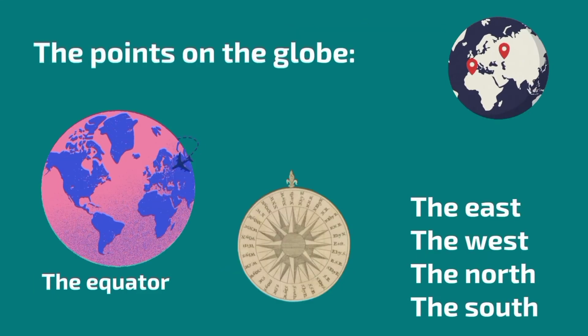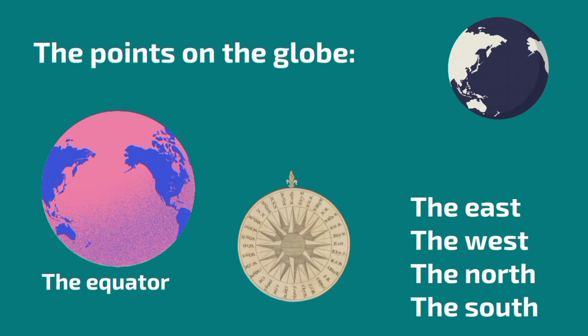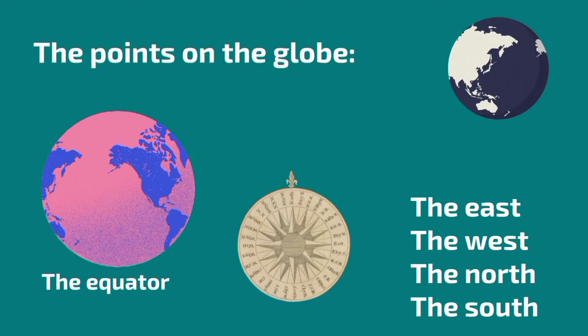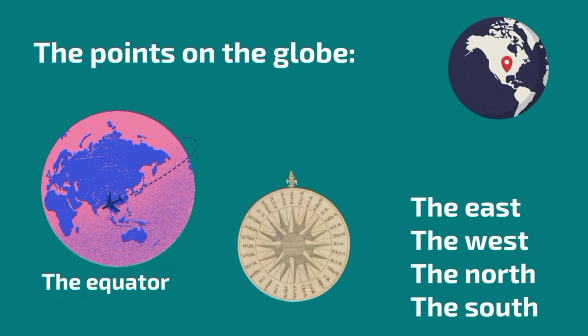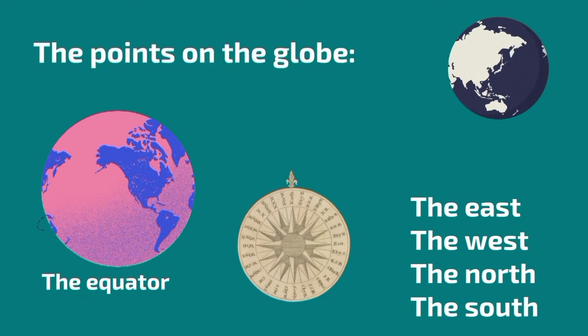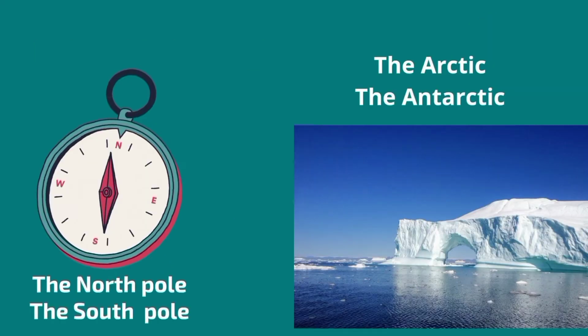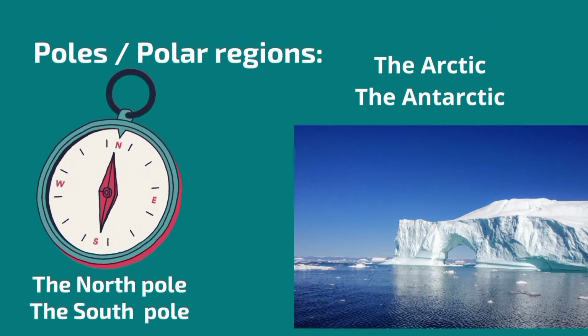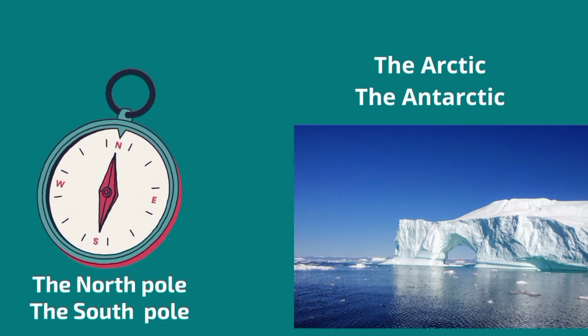So, "the" is also used with the names of the points on the globe. For instance, the equator, the east, the west, the north, and the south. It's also used with names of poles and polar regions. So we can say the North Pole, the South Pole, the Arctic, and the Antarctic.